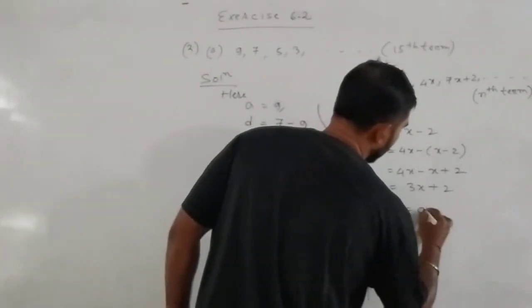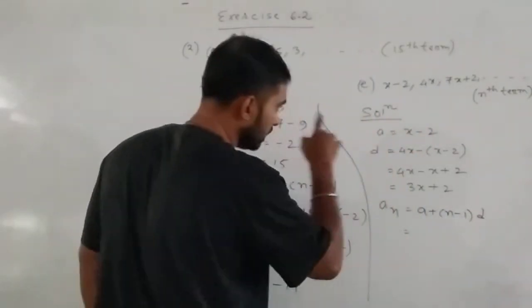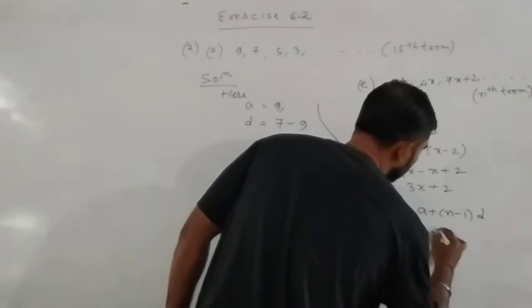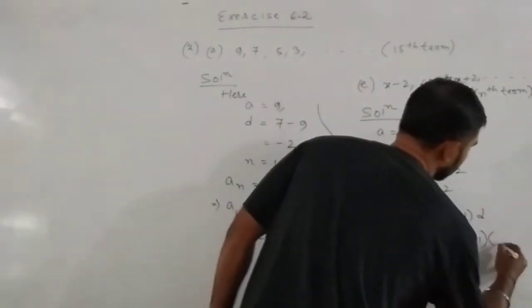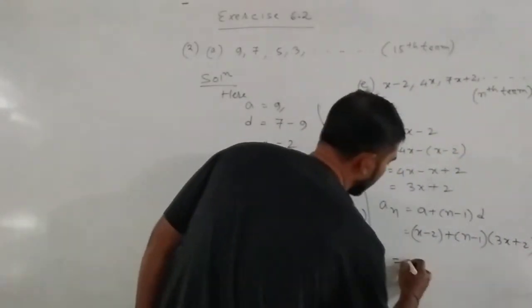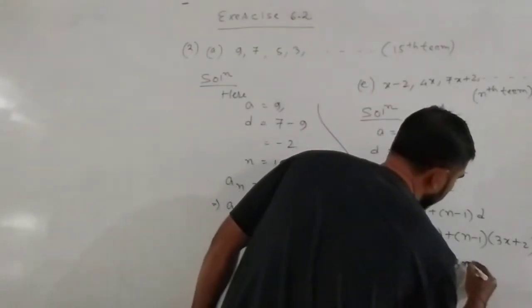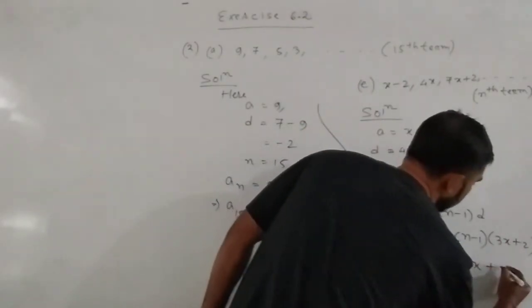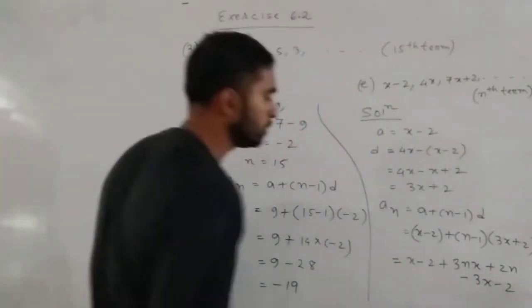an equals a plus n minus 1 d, a equals x minus 2, n minus 1, d equals thrice x plus 2. x minus 2 plus n into thrice x, thrice nx, plus twice n, minus thrice x minus 2.